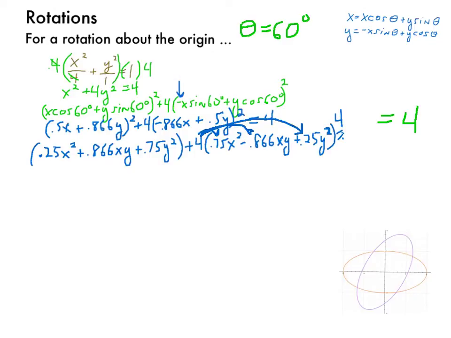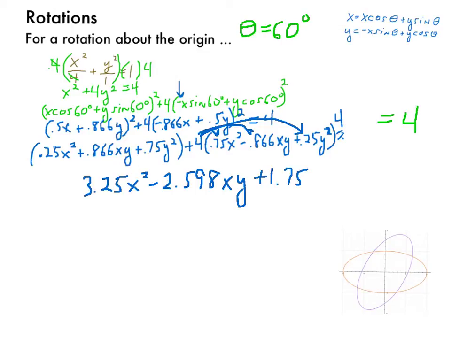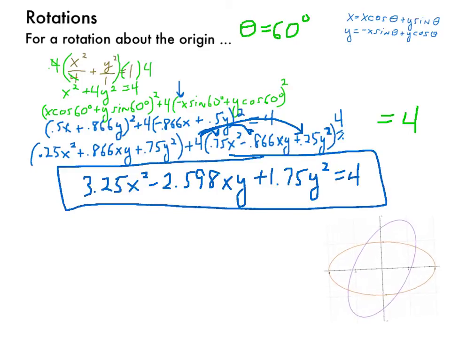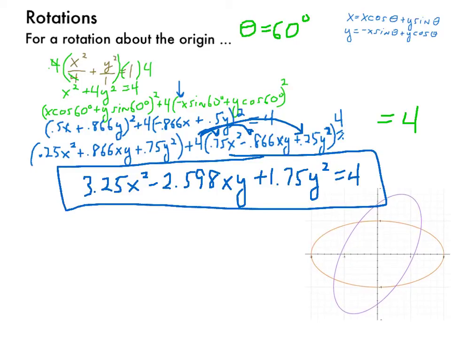After you combine your x terms, you're going to get 3.25x squared minus a 2.598 xy plus a 1.75 y squared equals 4. And that is the equation in general form for that blue ellipse that we just rotated 60 degrees.